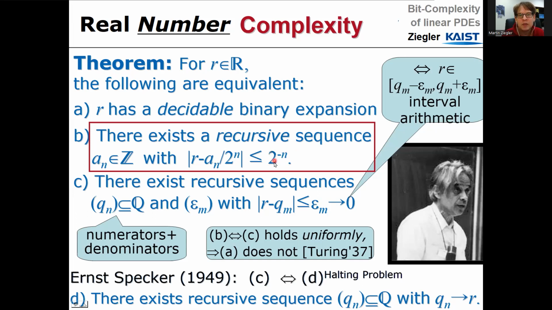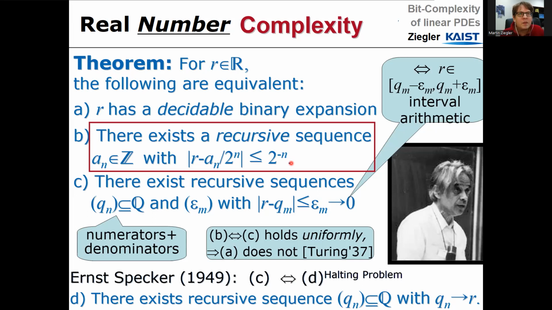And observe that this looks like exponential precision, but actually it basically means that the first n binary digits are accurate, right? So this is an adaptation of discrete complexity, where also we talk about binary digit length, and here it's binary output digit length as a cost parameter. So that's real number complexity.